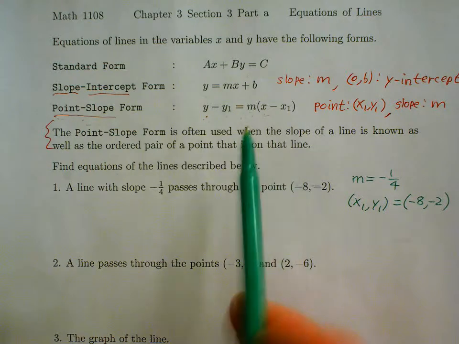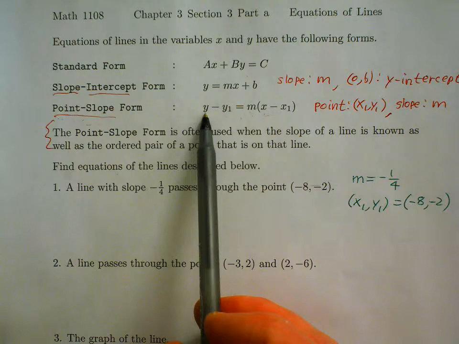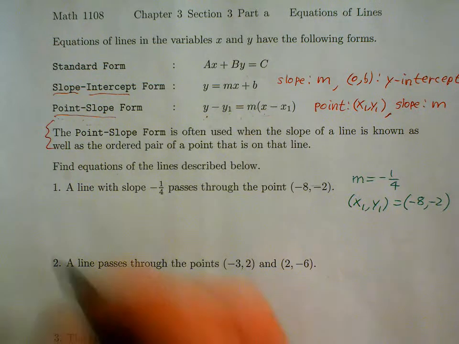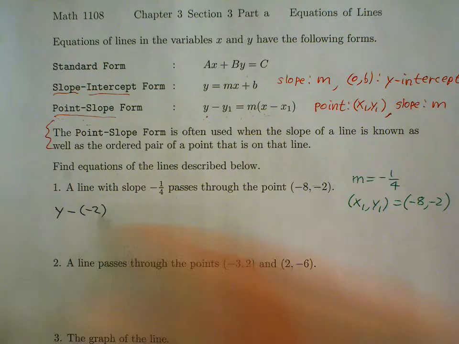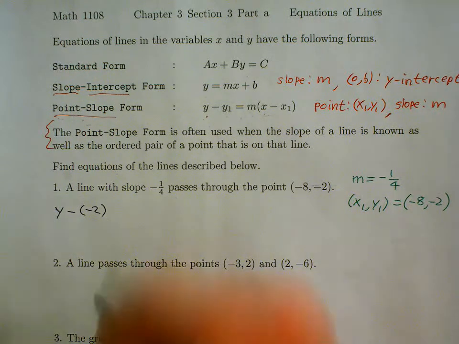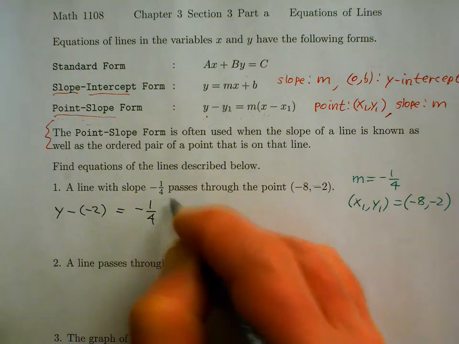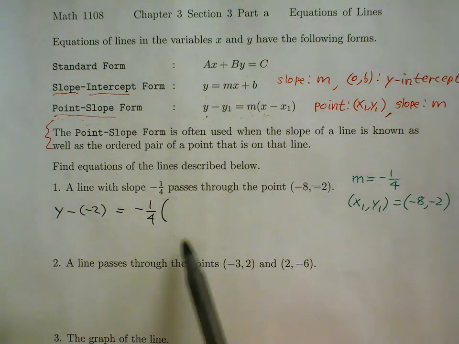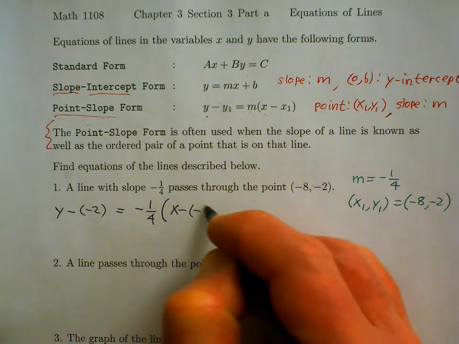And then we can just apply the point-slope form to get an equation for that line. The point-slope form says on the left-hand side, y minus y1. So we can write y minus -2, because -2 is the y1. And that's equal to the slope -1/4 times the quantity x minus x1, so x minus -8.